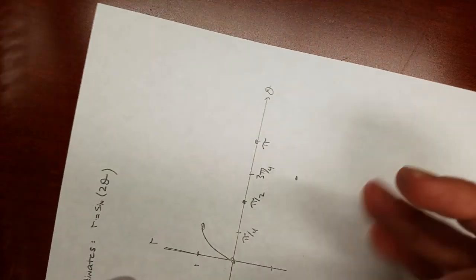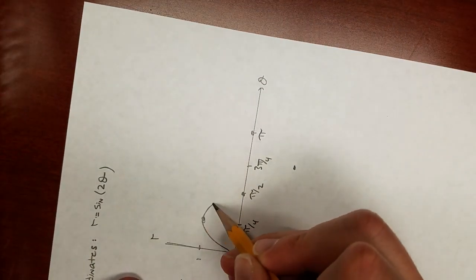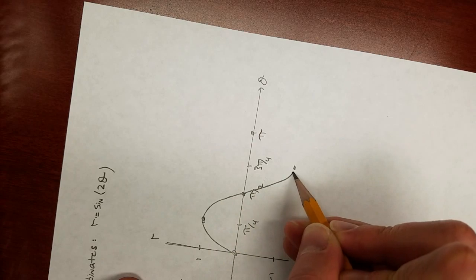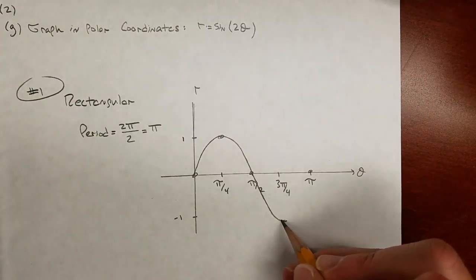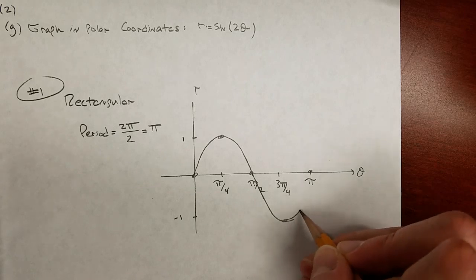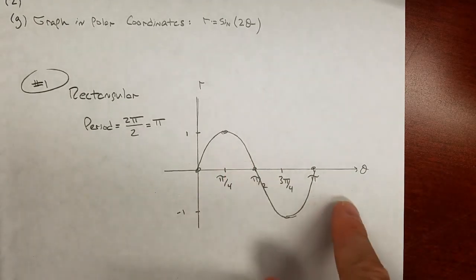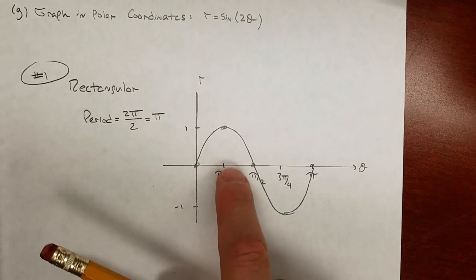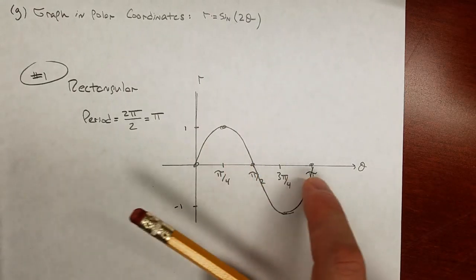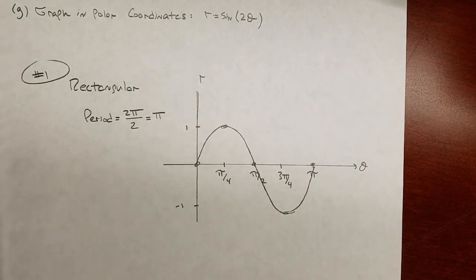Now, once we get the points, we knew what the shape was going to be from the beginning. Whenever I started this, I knew the answer I was going to get would be the sine wave. It was just a matter, in this problem, of figuring out where the points were. I got one at pi over 4 and 1. I got one at pi and 0, and so on.